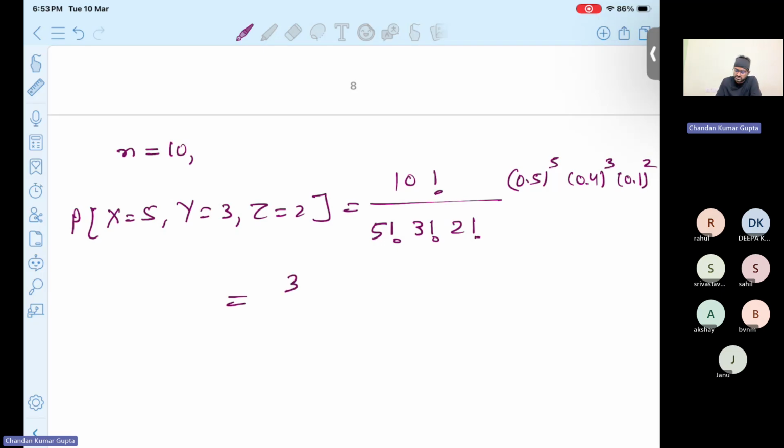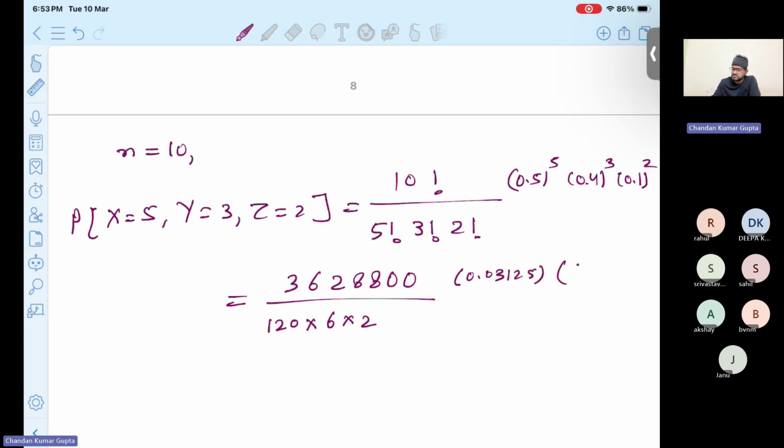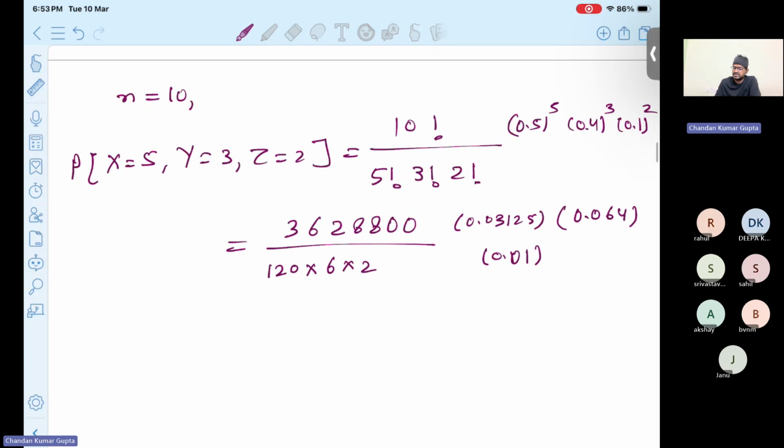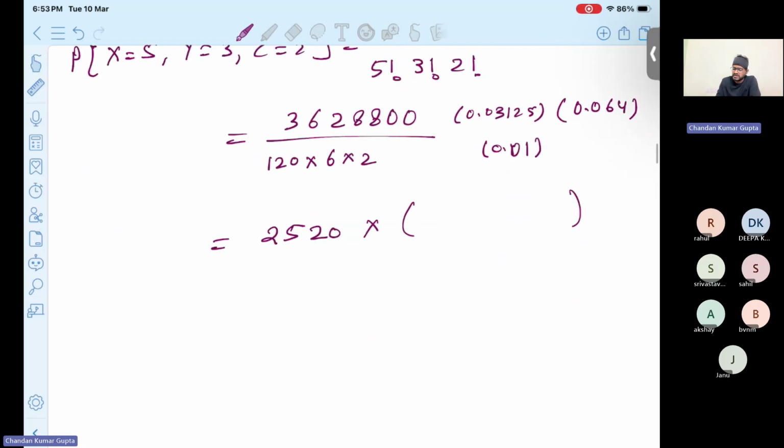So 10 factorial comes out to be 3,628,800. 5 factorial is 120, 3 factorial is 6, 2 factorial is 2. 0.5 to the power 5 is 0.03125, 0.4 to the power 3 is 0.064, and 0.1 squared is 0.01. We solve this and it comes out to be 2520 times these values, which is some 0.0 something.